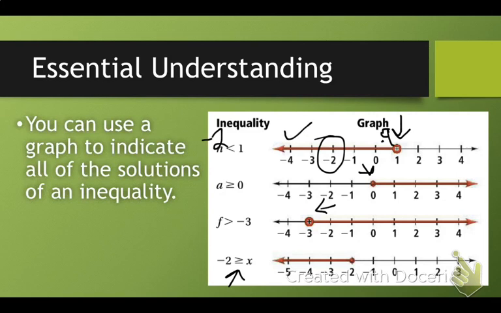a are all numbers greater than or equal to 0. I can plug in 3 and show that that is a true math statement. All numbers, or f, greater than -3. Plug in 4, and it does show that it is a true math statement. -2 is greater than or equal to x. Plug in -4. Is -2 greater than -4?